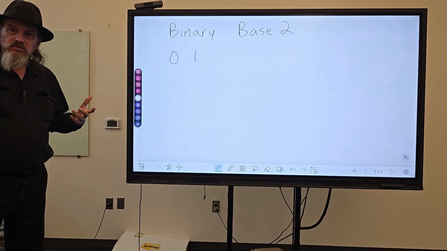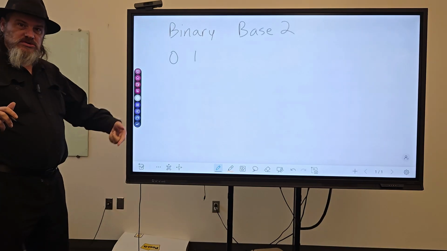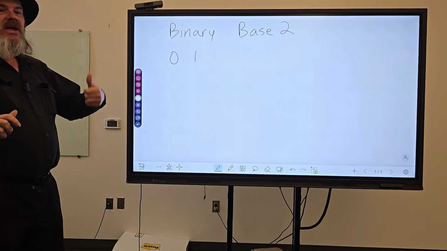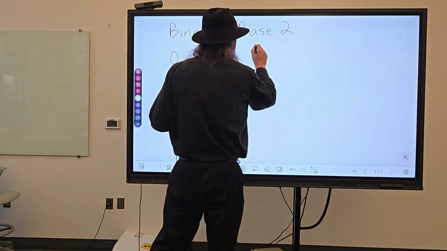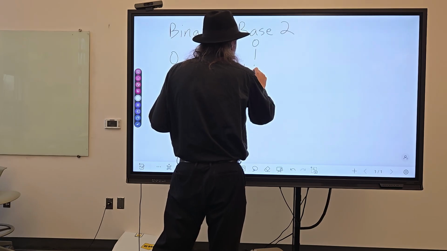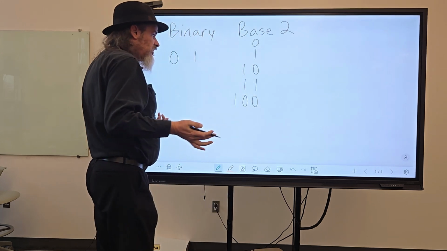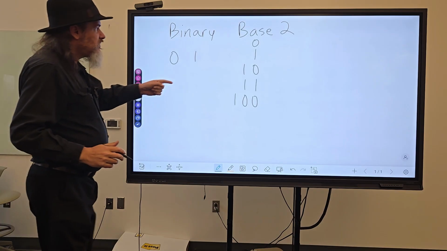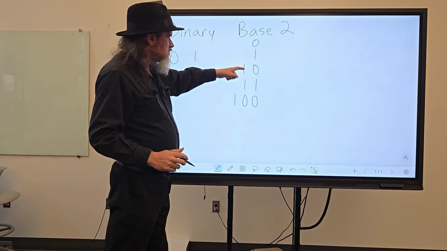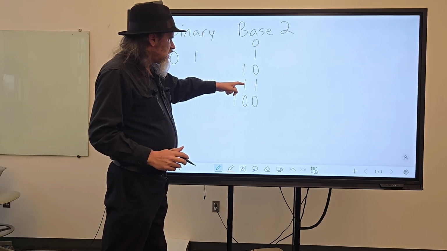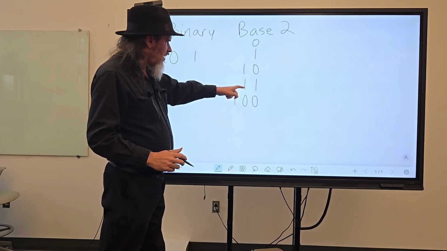And just like decimal, when counting, when you run out of symbols, you roll over to 0 again and add 1 to the next column. So you would be counting 0, 1, 10, 11, 100, etc. 0, 1, roll over to 0, add 1 to the next column.